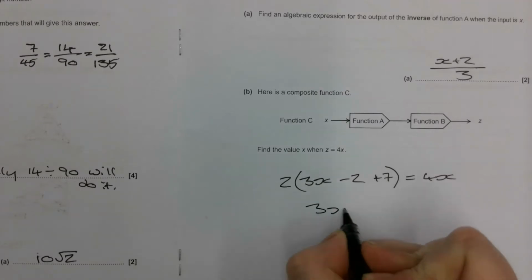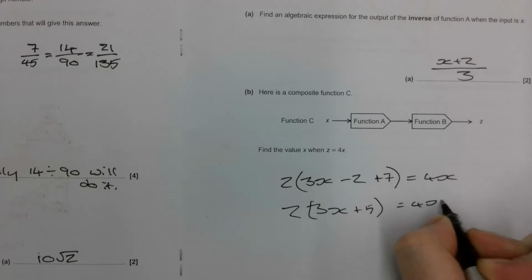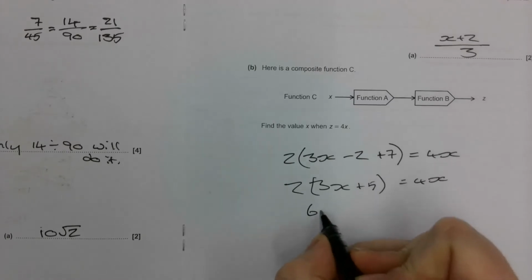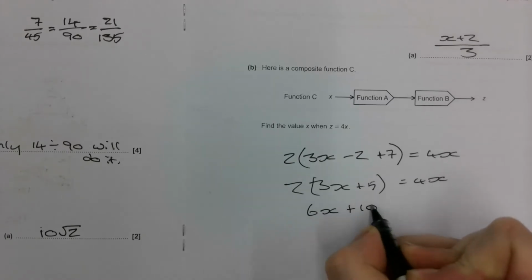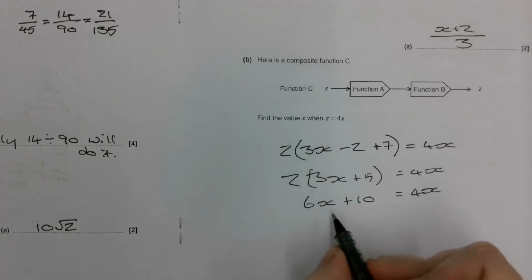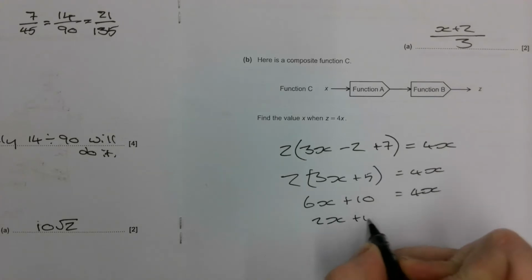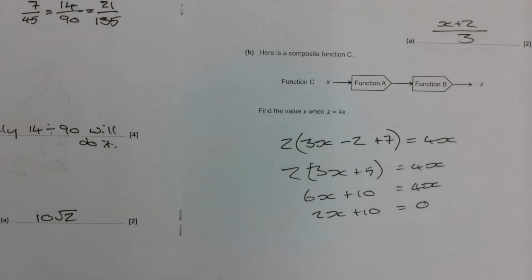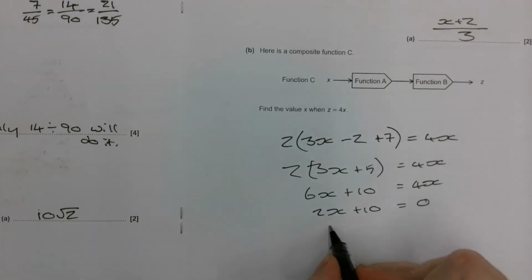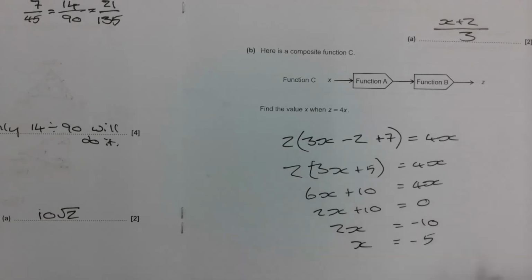So we'd end up with 3x plus 5 inside the brackets. Then if we multiply out the brackets, we get 6x plus 10 equals 4x. And then if we get the x's all on one side, we'll get 2x plus 10 equals 0. Then the 2x by itself, 2x equals minus 10, so x equals minus 5.